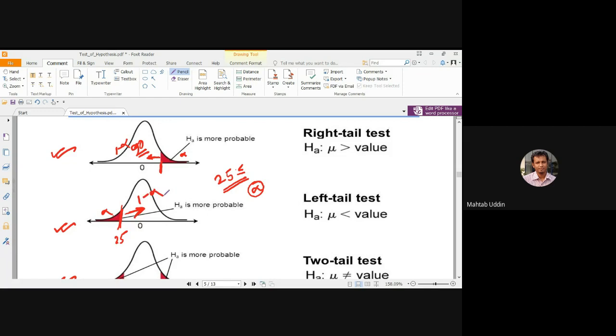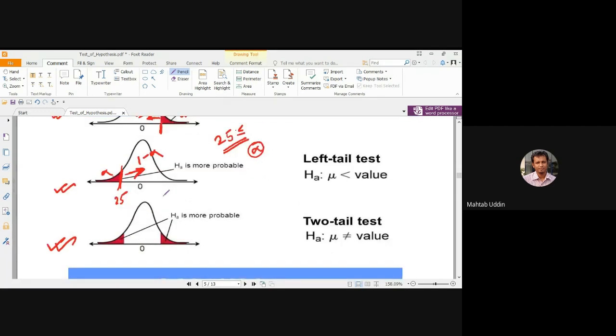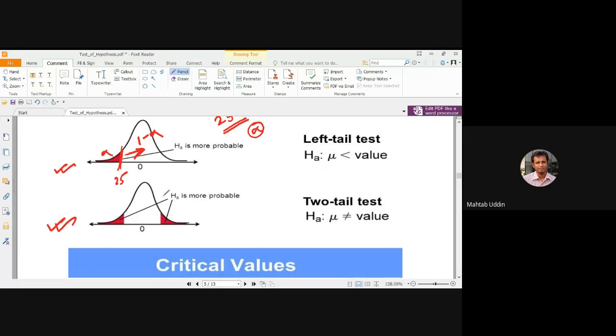But sometimes the problem can be on two sides. How many sides? Two sides. Say you are selling a shirt.